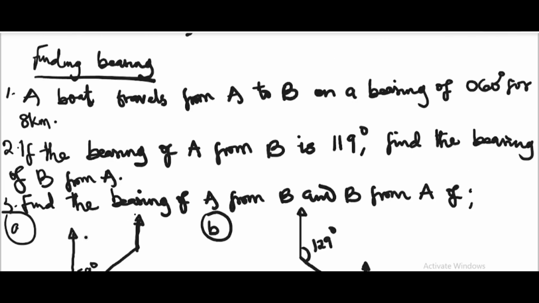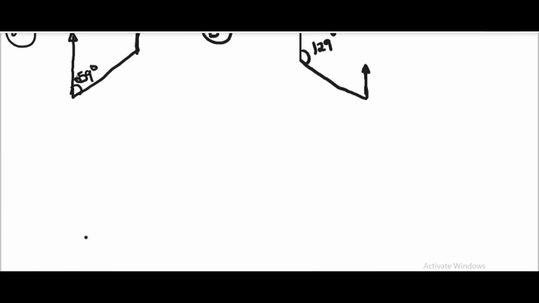So the first one: a boat travels from A to B on a bearing of 60 degrees for 8 kilometers. So how do you locate that? A boat travels from. Now, there are two words you need to note when locating positions of bearing. You see from, you see to. Good.